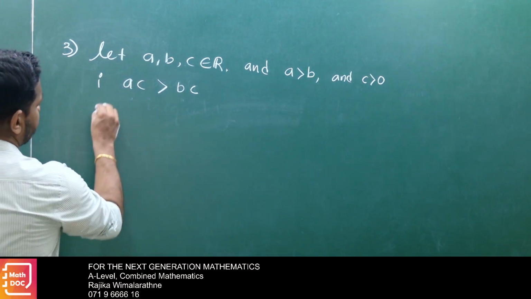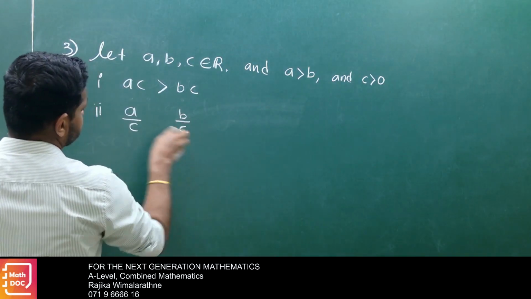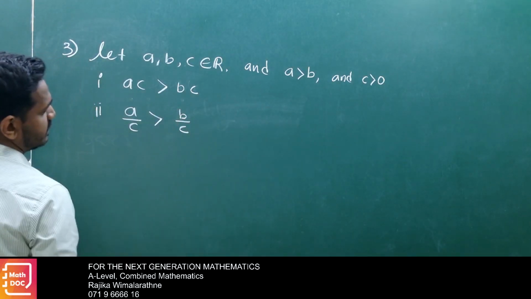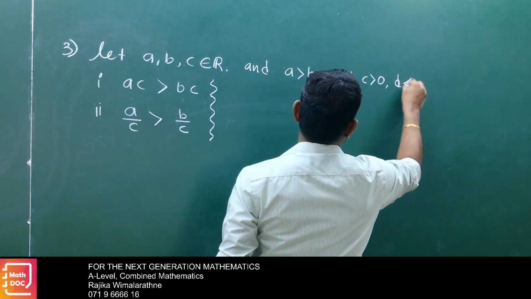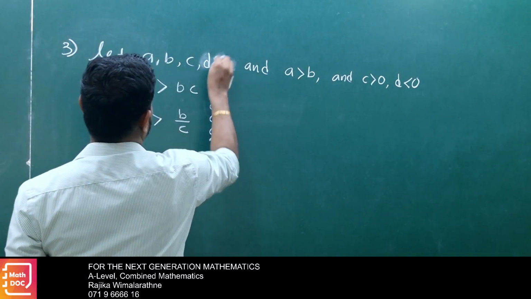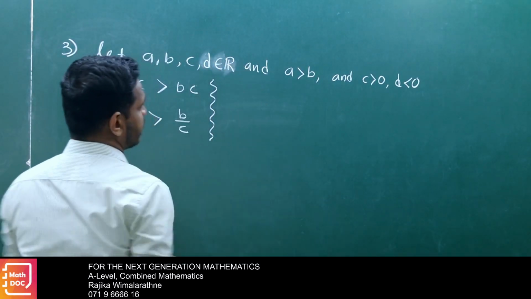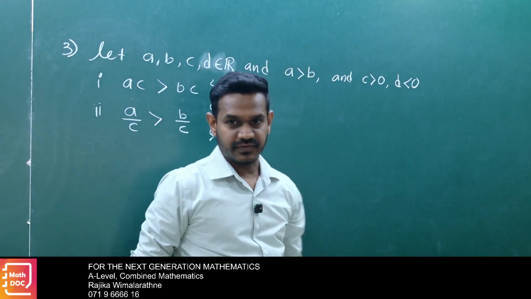So when you divide by that positive value, this sign won't change. Now D less than 0. A, B, C, D real values, A greater than B, C greater than 0, D less than 0. Then D value is negative.